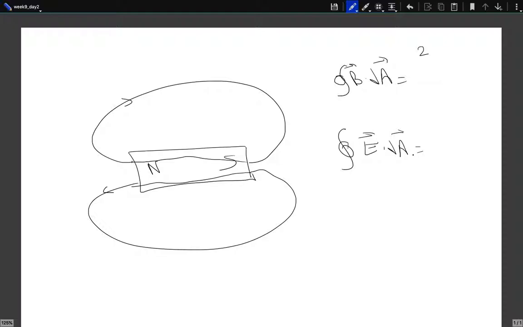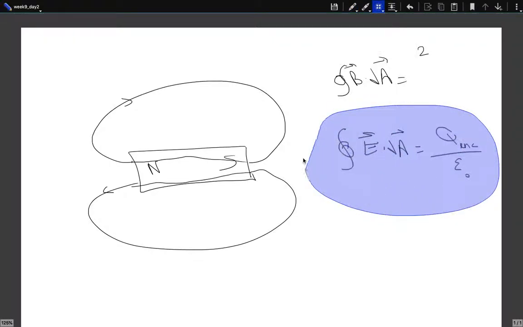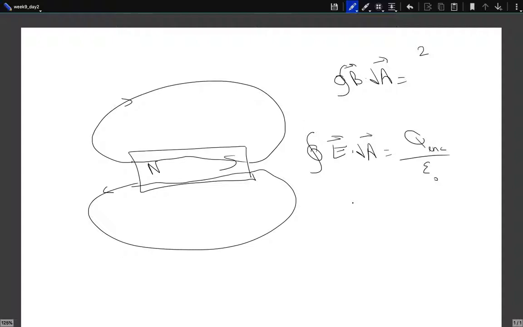So if it was going out, it was counted as 1. If it is going in, it was counted as -1. And if there are charges inside, the electric field lines could enter the surface or leave the surface. They could have started inside, or they could have started outside and terminated inside. So they gave us a positive count. This term is because the electric field lines start or terminate on the electric charges.